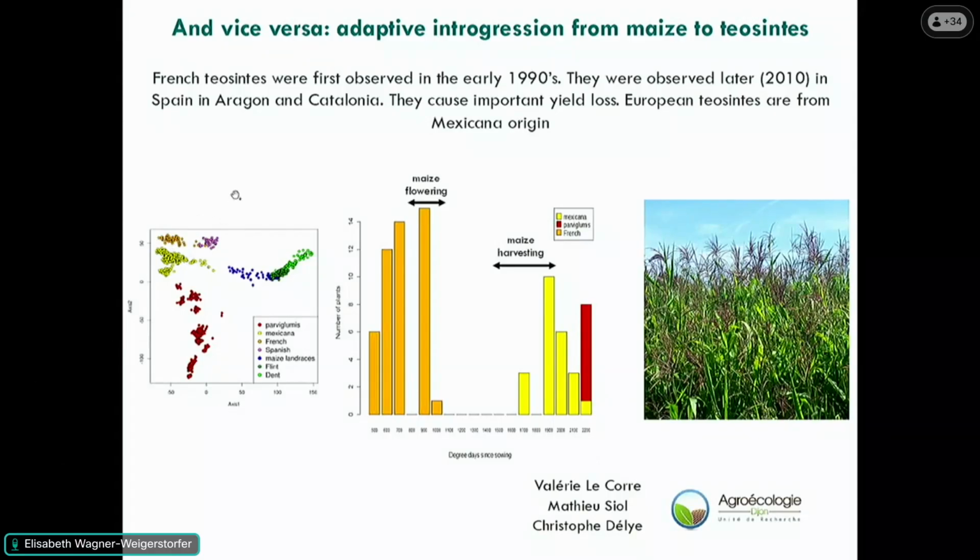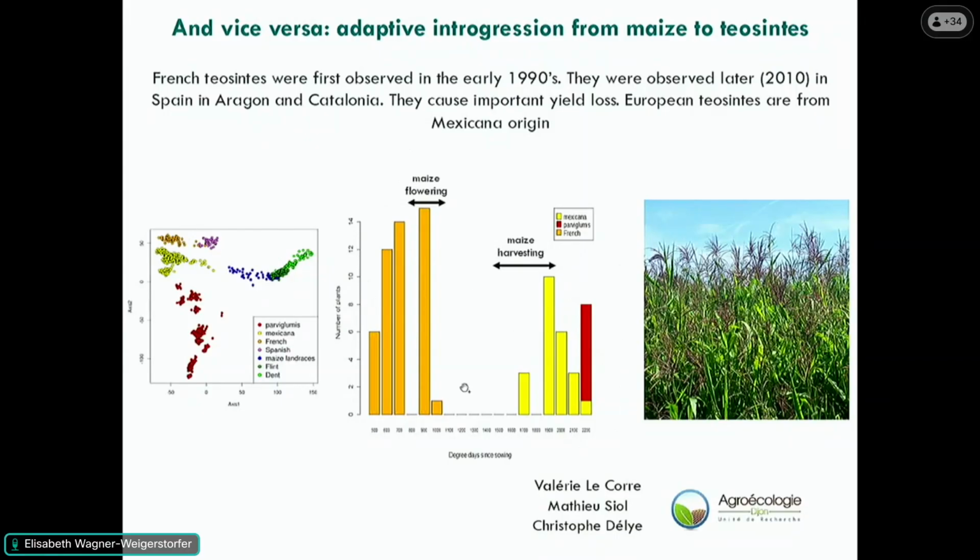Then if you plant these teosanthes in Dijon, you see that those French teosanthes flower at the same time as maize. But if you plant Mexican teosanthes in Dijon, they are not happy, and they flower very late in the season. They actually flower in the fall, where we harvest maize, so they are not able to produce seeds.